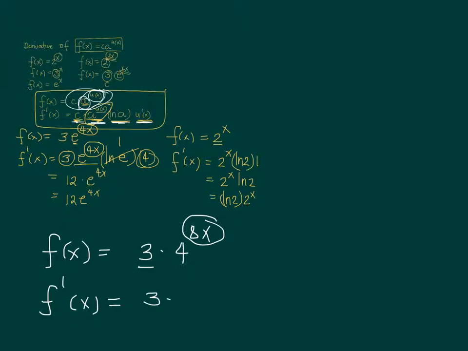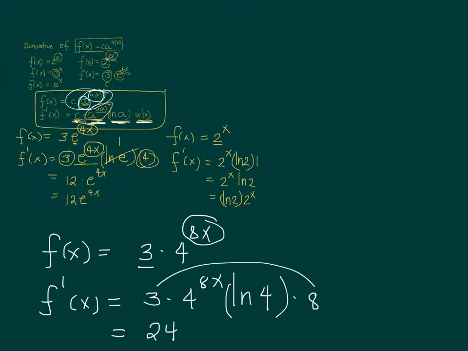So there's a constant c. Then 4 to the 8x, we copy the function. We take the ln of the base, and then we find the derivative of 8x, which is simply 8. And then just simplify. 3 times 8 is 24, and then you have 4 to the 8x times ln of 4. And that's the derivative. Okay?